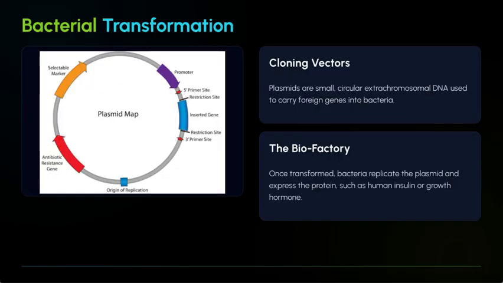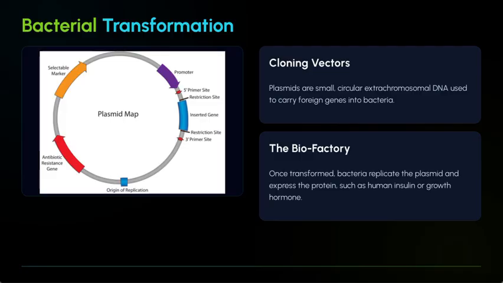Next, we have bacterial transformation. Here's a plasmid map. First off, we can talk about cloning vectors, which are plasmids that are small, circular, extrachromosomal DNA used to carry foreign genes into bacteria. We also have the biofactory, where once transmitted, bacteria replicate the plasmid and express the protein, such as human insulin or growth hormones.